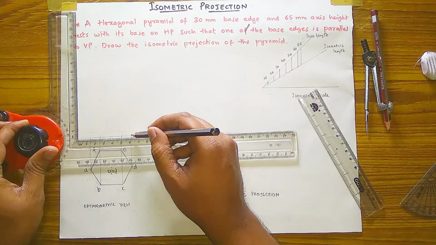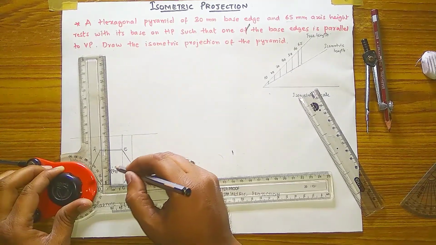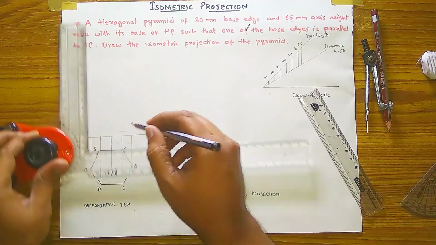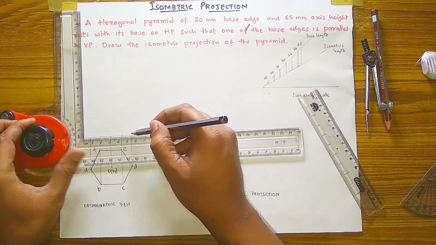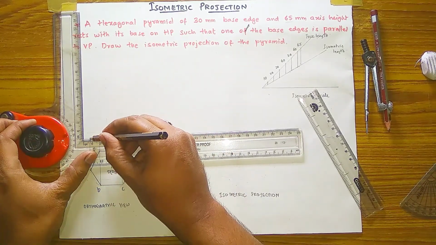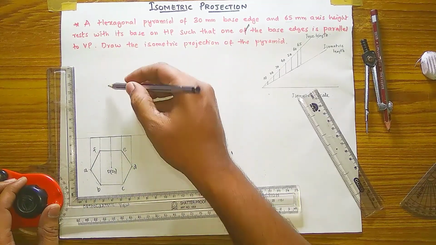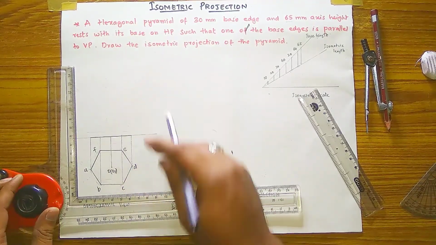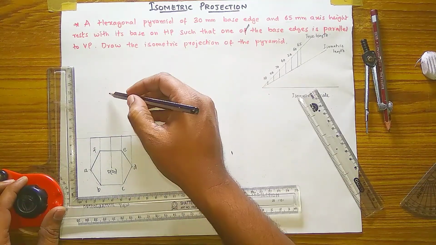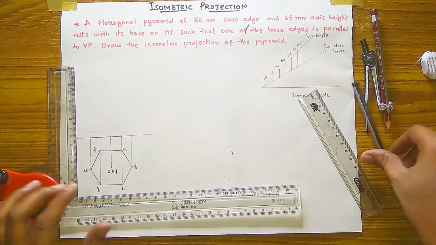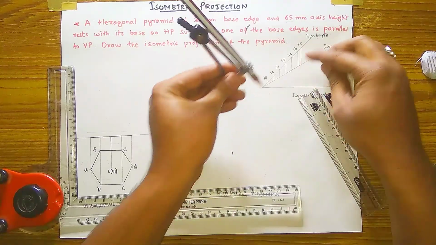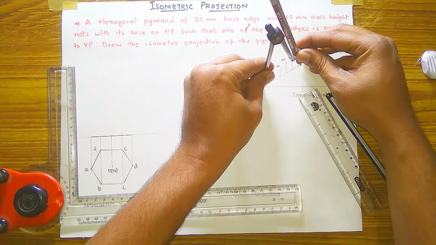Then draw this, and also you have to take it from O also, and draw this line, which is the base of the pyramid. The pyramid height is 65 mm, but we have to take the 65 mm isometric scale length for the axis side.